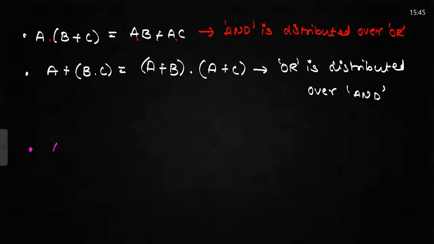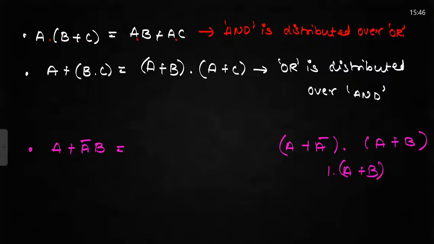If I am having A plus A bar B, right? So that will be equal to A plus A bar, I have distributed wrongly, and that will be A plus B. So here A plus A bar is 1 and A plus B. So here it is A plus B.